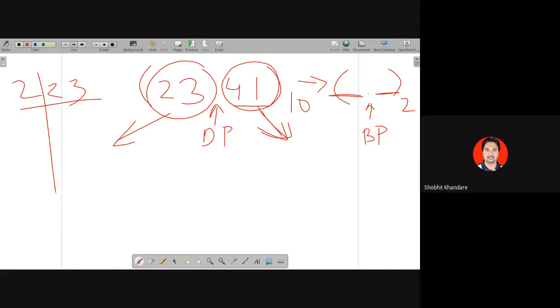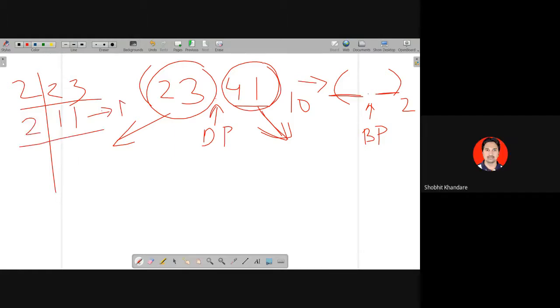So 23 divided by 2, tell me the quotient. 11. Yes. What is the remainder? 1.